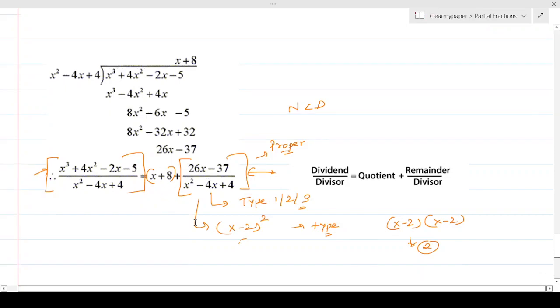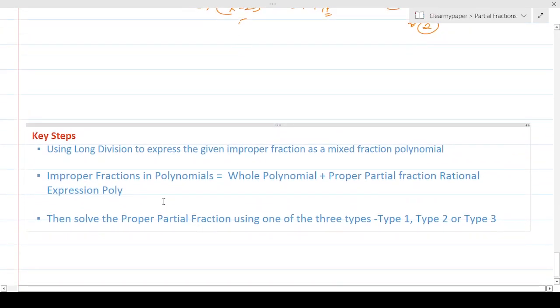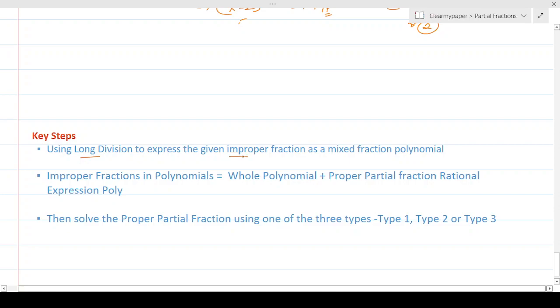So what is the trick? Whenever you get an improper fraction in the context of polynomials, use long division to express the improper fraction as a mixed fraction polynomial. What does it mean? A polynomial where you have got two parts.